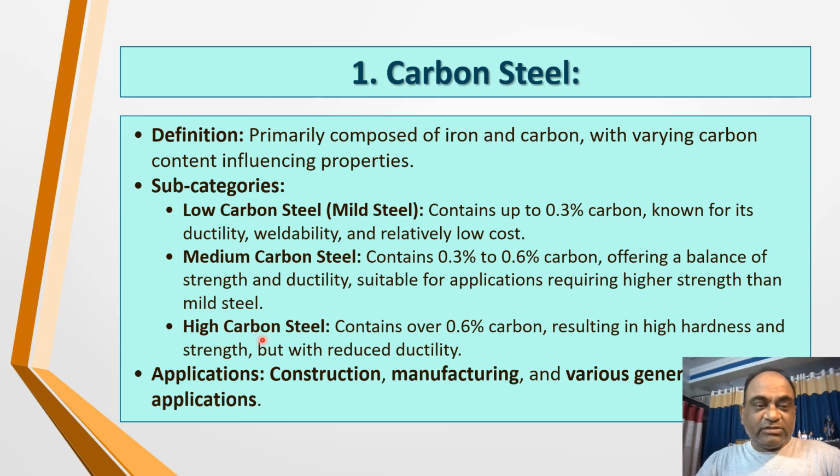And the third one is high carbon steel, which contains over 0.6% carbon, resulting in high hardness and high strength, but with reduced ductility. Applications of carbon steel are in the construction industry, manufacturing industry, and various general purpose applications.